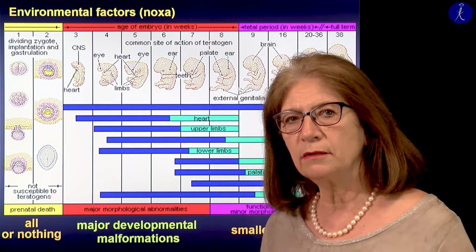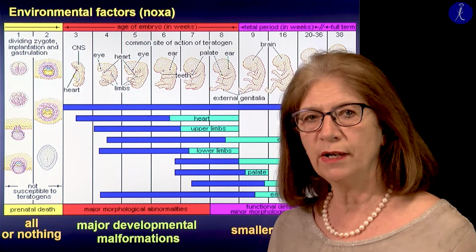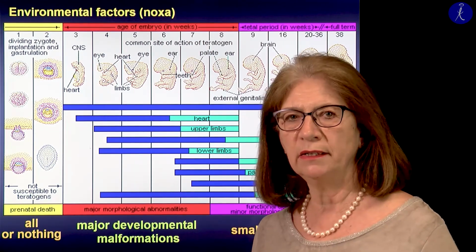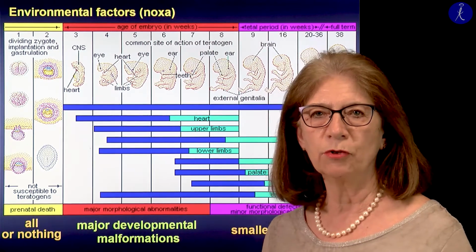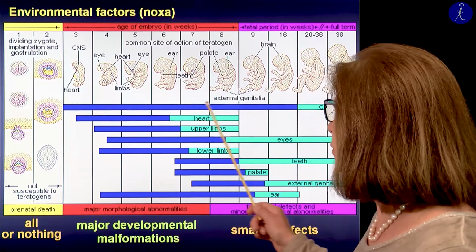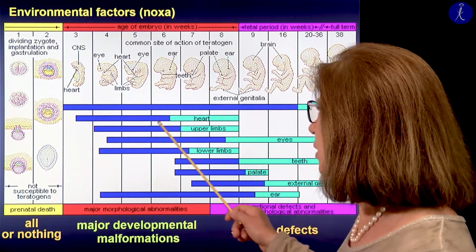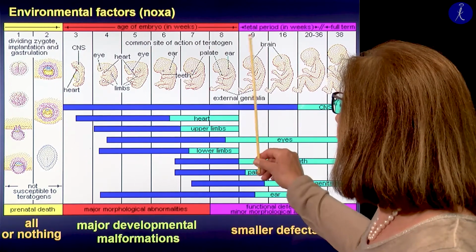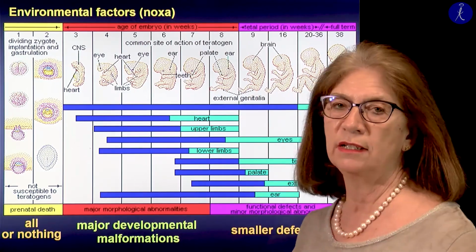These noxae, these environmental factors, always harm that part of the body which right then develops at the fastest speed. Here you see with these blue lines the organs which develop in that specific period. After the 8th week, most of the organs are already established.